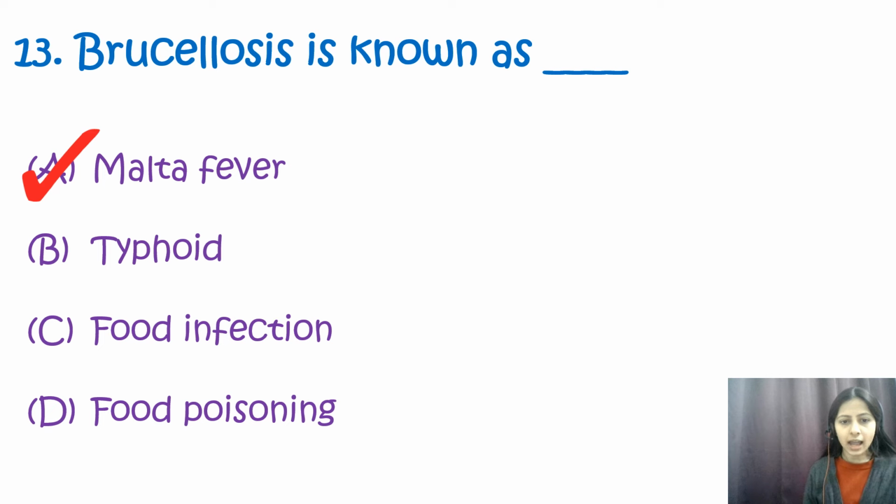And food poisoning is a general term that refers to the illness resulting from ingestion of contaminated food, but typically it is due to the toxins produced by the bacteria rather than the bacteria themselves. So over here the correct option will be option number A, that is Malta fever.